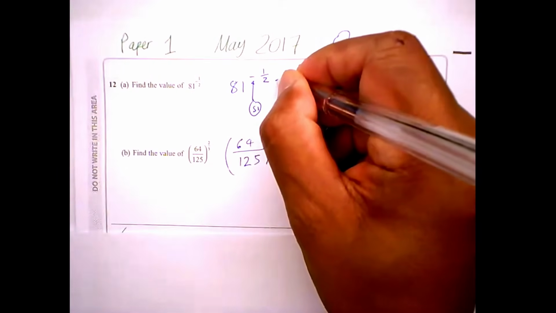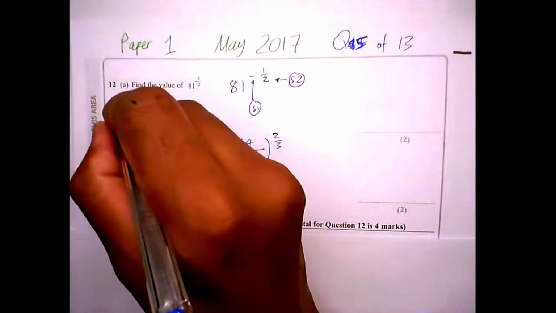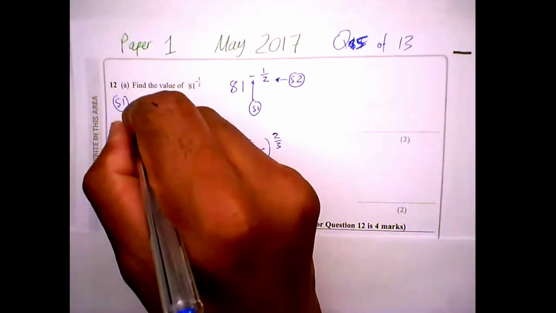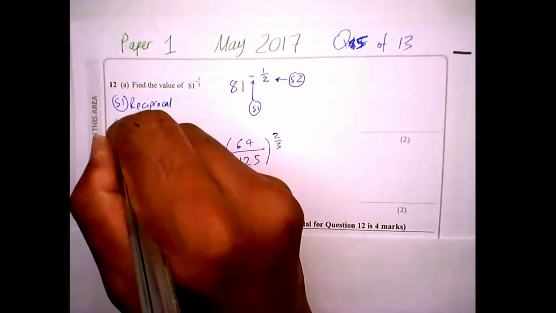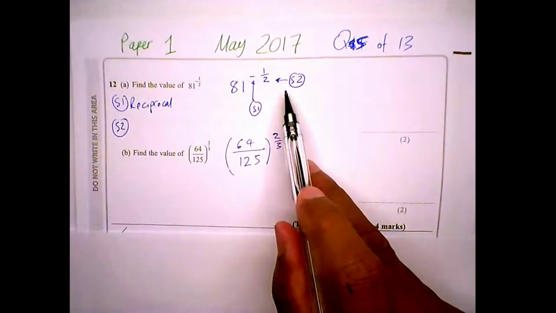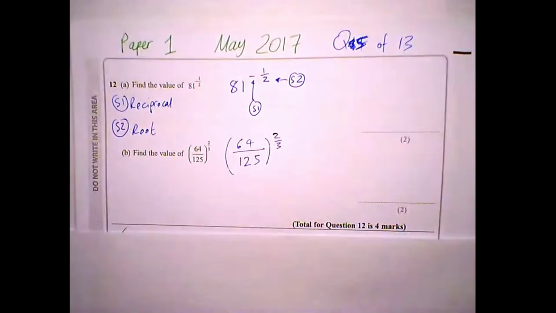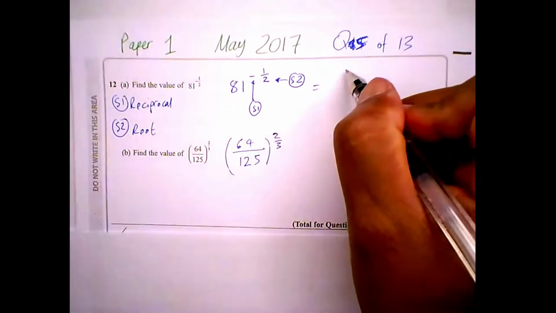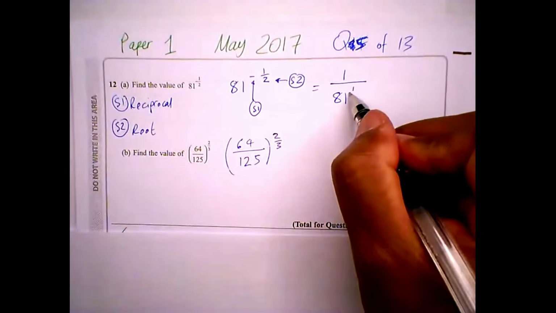And here I've got step 2. So step 1 is reciprocal, and step 2 is a root. And so now I can say this is 1 all over 81 to the power half.